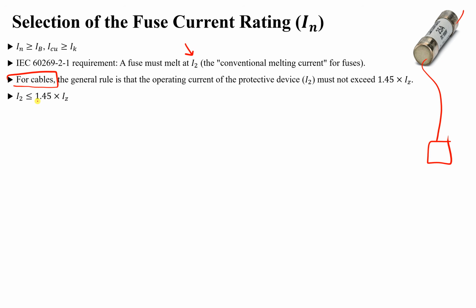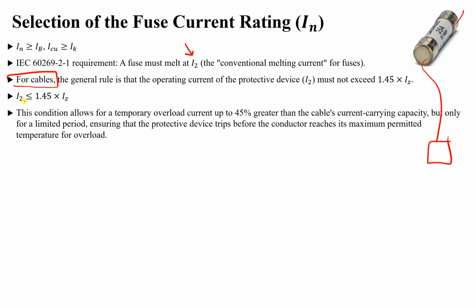So what does this even mean? This allows an additional temporary overload current up to 45% greater than the cable's current capacity, but for just a short period. So our cable will withstand this amount, and at this time or before it, when the current is lower, the protective device, which is our fuse, will start to trip or start melting in order to open the circuit.